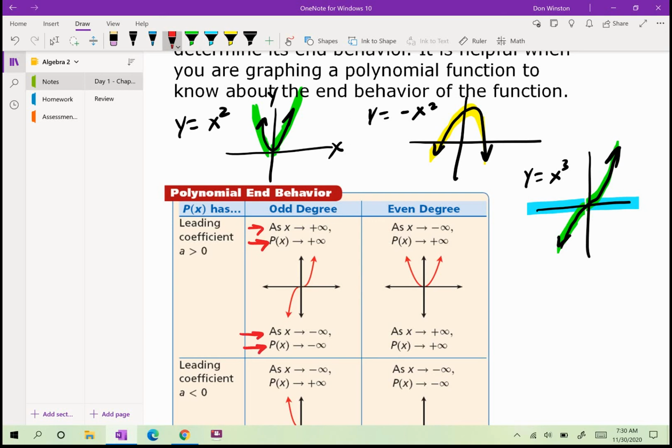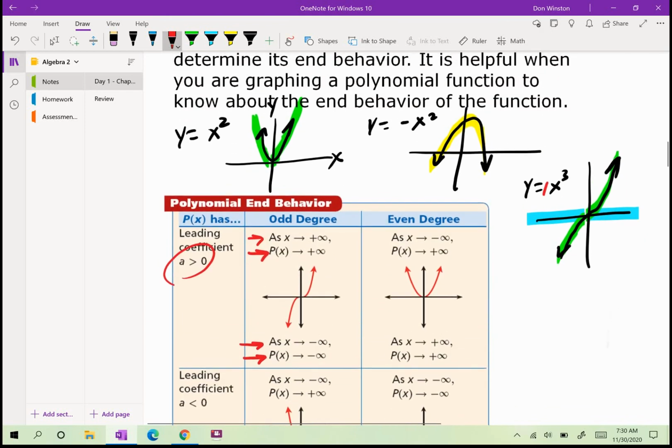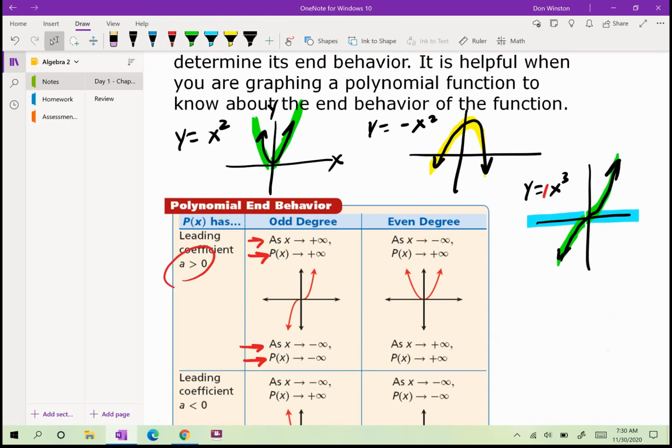So if the leading coefficient is greater than 0, a is greater than 0, in this case it's 1, it rises on the right and falls on the left. Okay, so just remember positive. So if it's positive, it rises on the right and falls on the left. For a quadratic, even degree, as x goes to negative infinity, y goes to positive infinity.